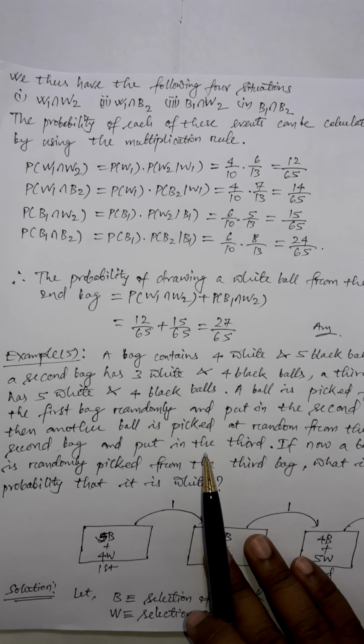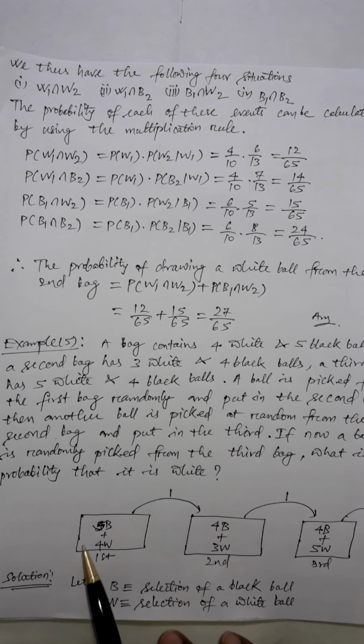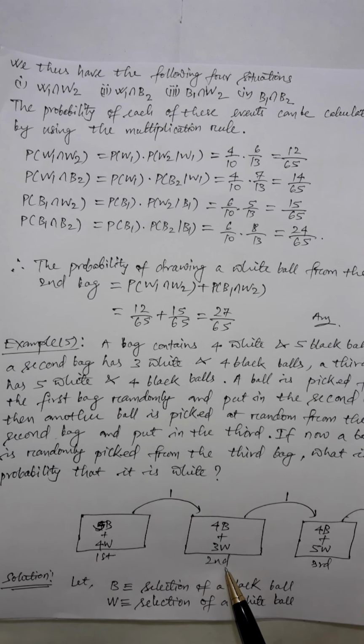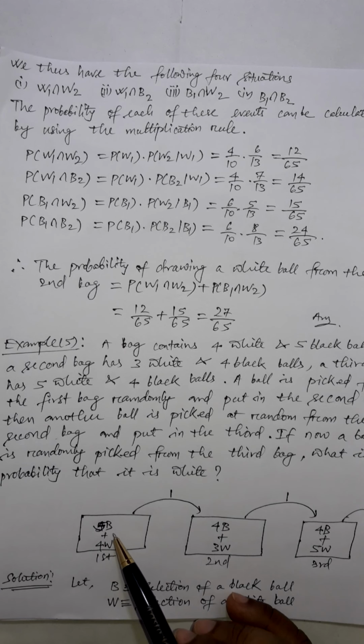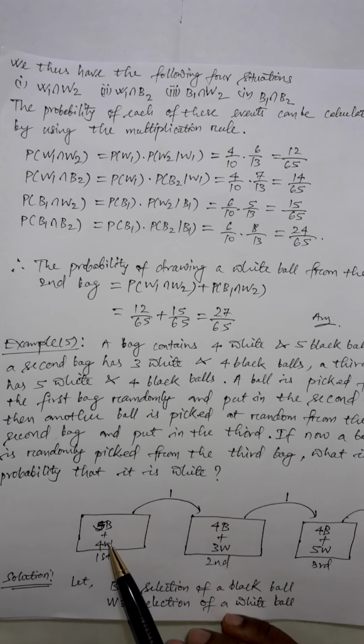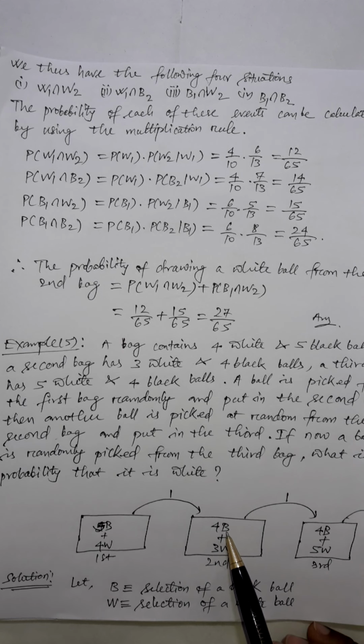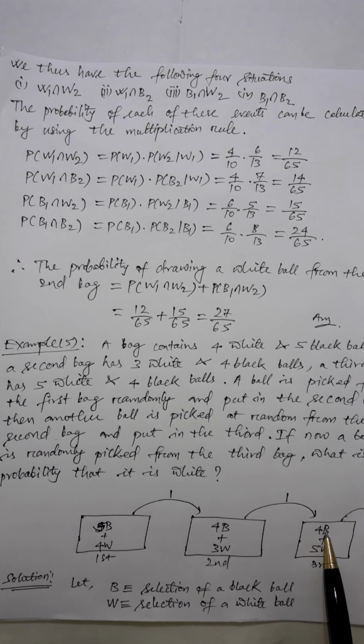Okay, let's try to understand this through this graphical way. Bag 1, first bag, second bag and third bag. First bag contains 5 black balls and 4 white balls. Bag 2 contains 4 black balls and 3 white balls. Third bag contains 4 black balls and 5 white balls.